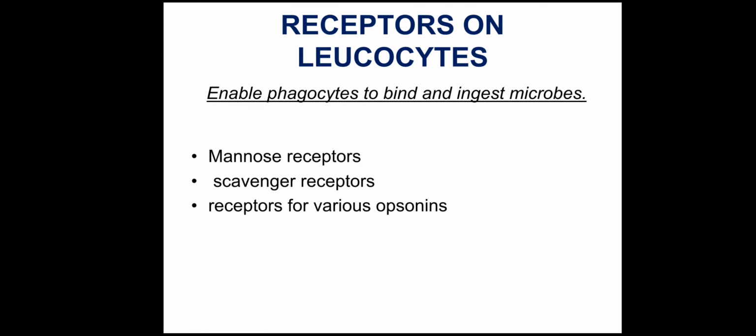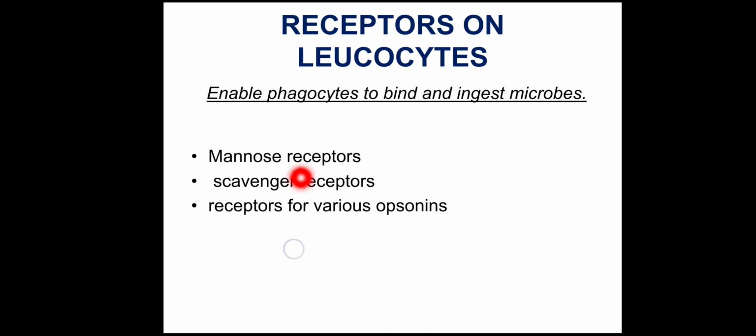Now these chemoattractants will bind to certain receptors on the WBCs, and with this interaction, the phagocyte, which is either the neutrophil or monocyte, will be able to ingest the microbe. So what are those receptors?